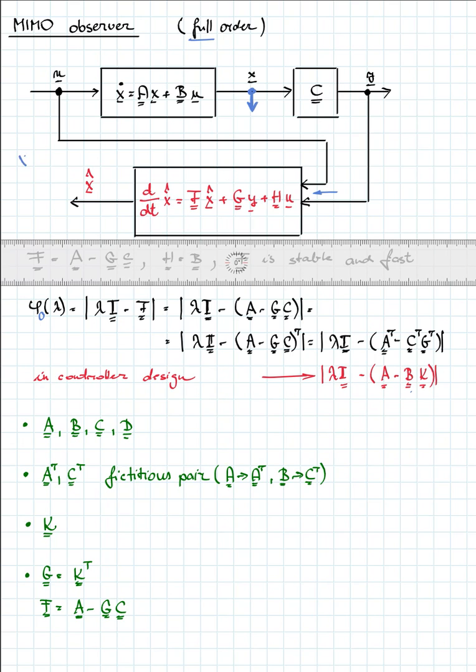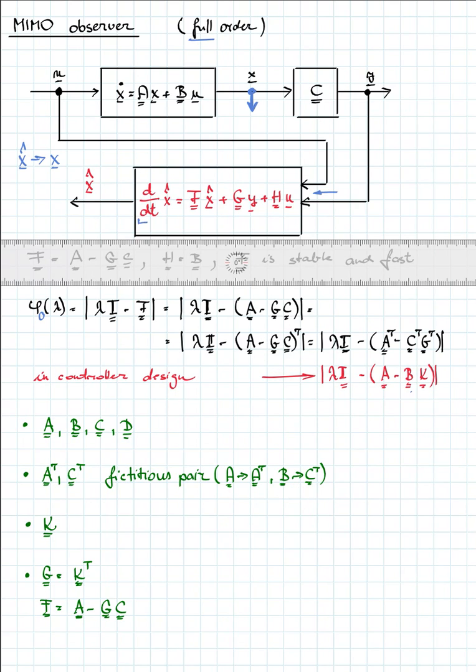The goal is usually the following: x hat should be closer and closer as fast as possible to the real value of x.